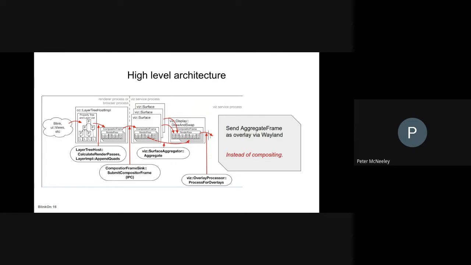In this diagram flowing from left to right, we see a portion of the rendering pipeline of Chrome. Normally this pipeline would proceed to the compositing stage. However, in its place, instead of compositing, we simply decompose the resulting aggregate frame, in gray, and send it over Wayland.